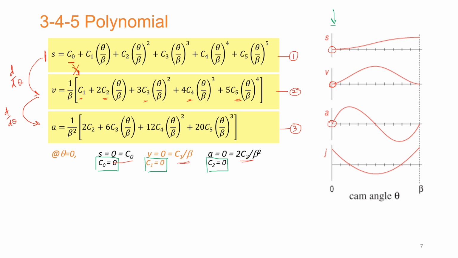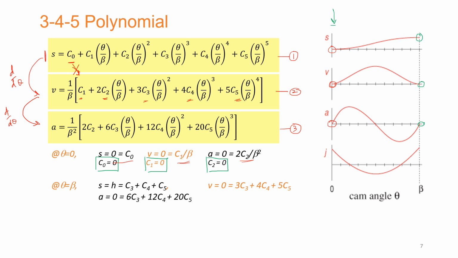Now in case of the other set of boundary conditions, where theta is going to be equal to beta, and you know the boundary conditions, when you plug in those values, you are going to find out these expressions. So this corresponds, in your diagram, to the boundary condition which is over here, and over here.